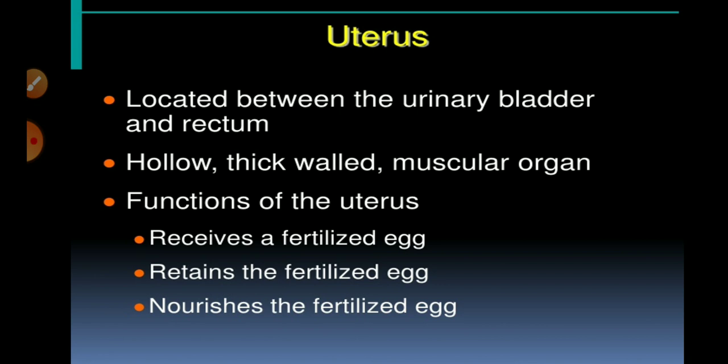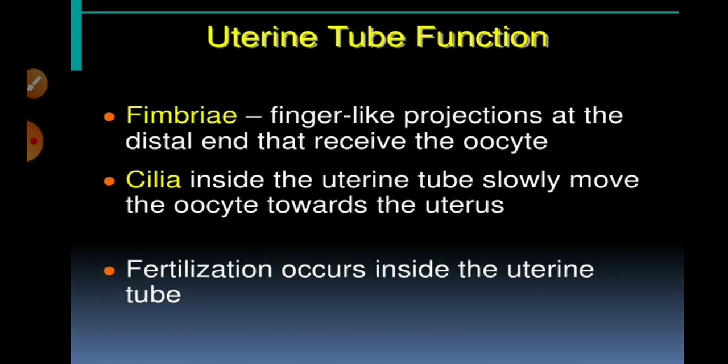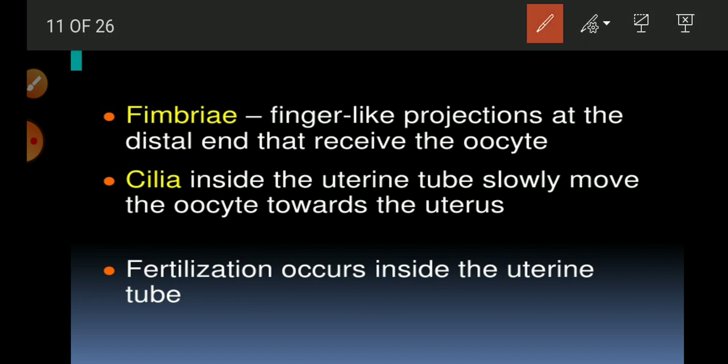Here we can see the functions of the uterine tube. The fimbriae, as we have seen, are long finger-like projections at the distal end that receive the oocytes. Then cilia are present.